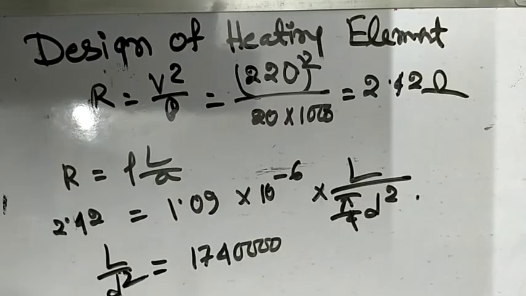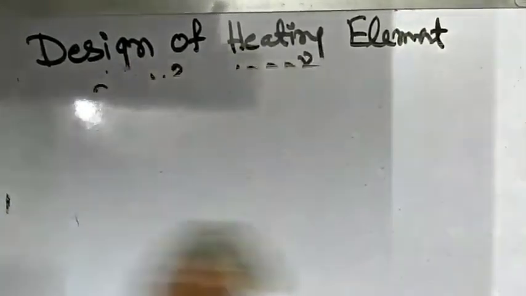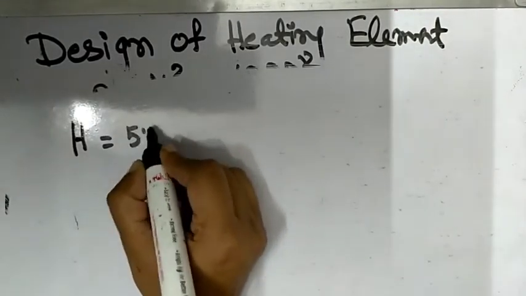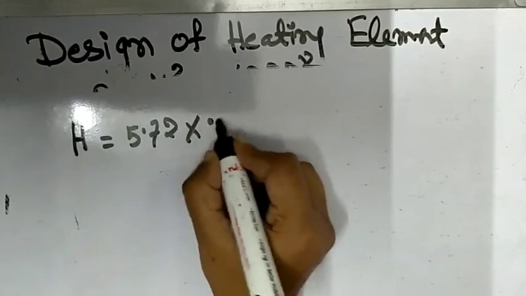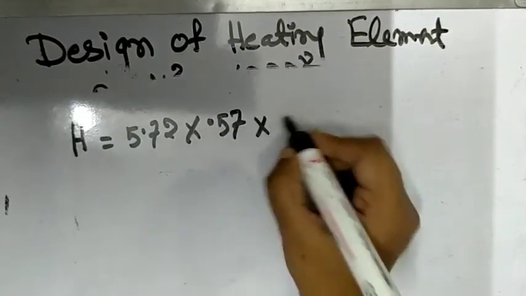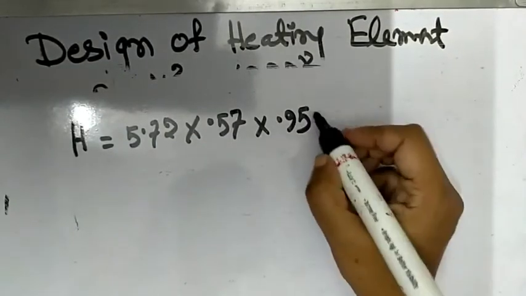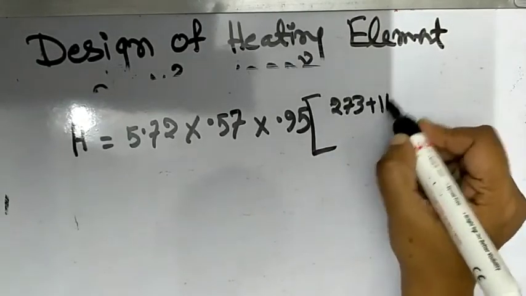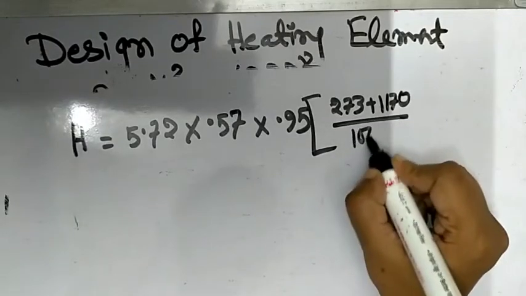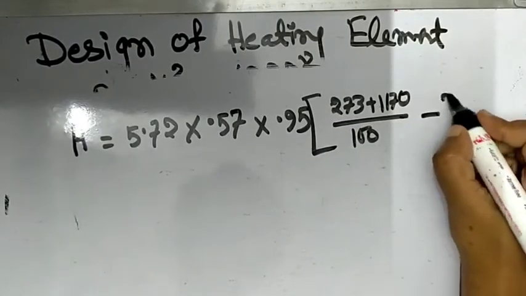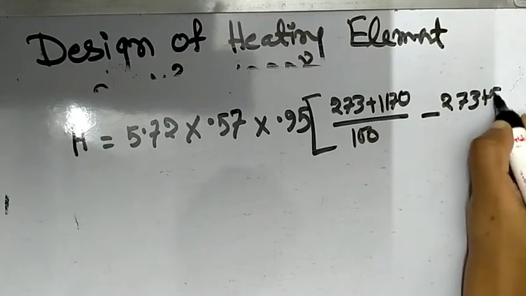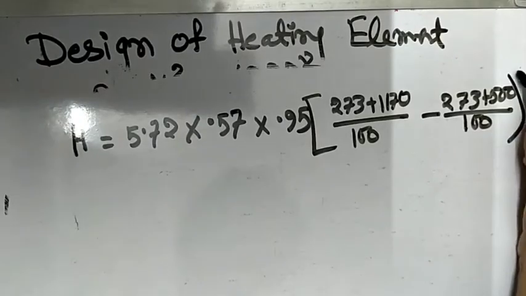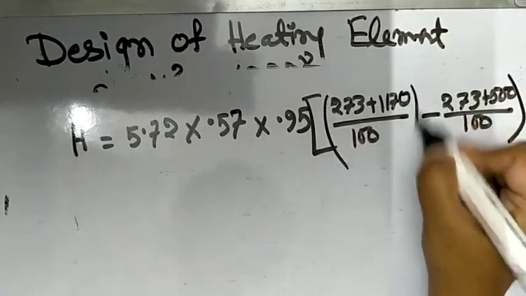Now we calculate the value of H. H is equal to 5.72 into 0.57, the value of K, into 0.95, the value of E, into (273 plus 1170 by 100) to the power 4 minus (273 plus 500 by 100) to the power 4.